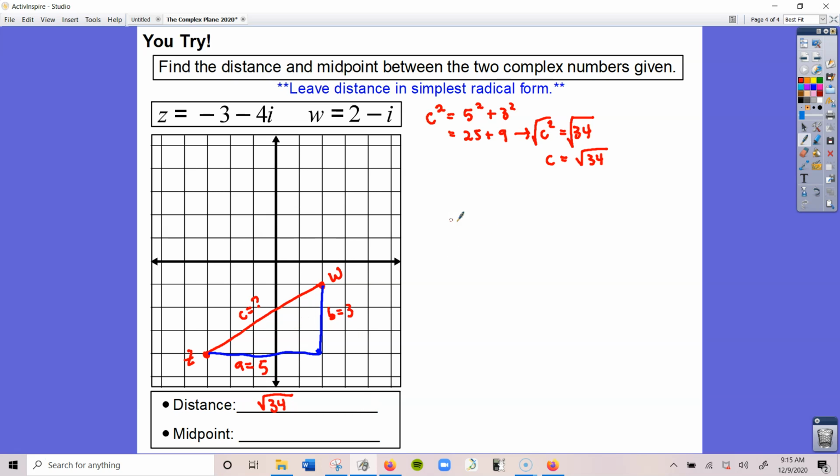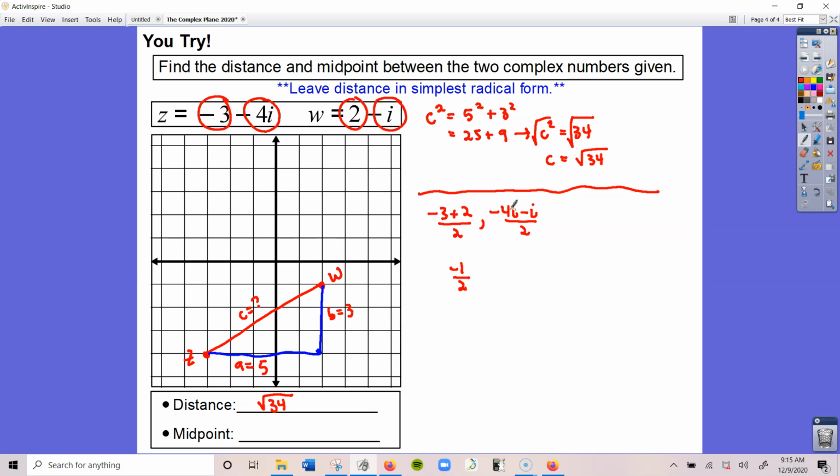Now for the midpoint. Remember that for the midpoint, we take the real numbers and we add them. So -3 plus 2 divided by 2. And then we take the imaginary numbers, we add them. So -4i minus i, and divide by 2. -3 plus 2 is -1 over 2.